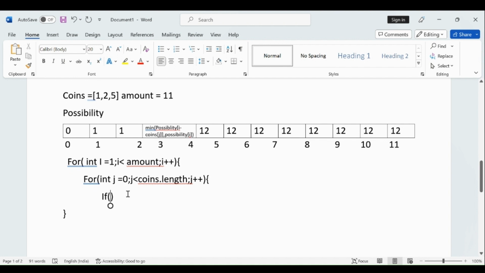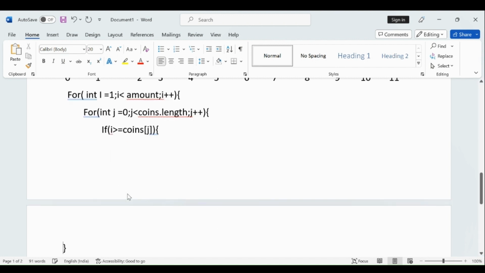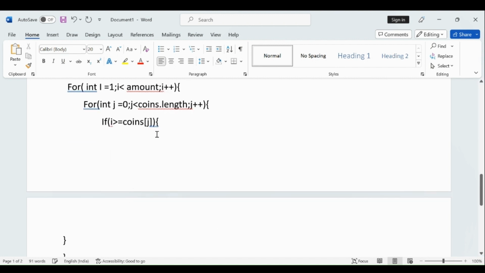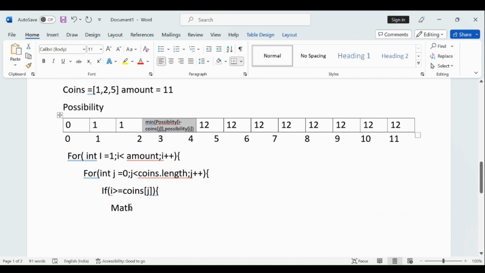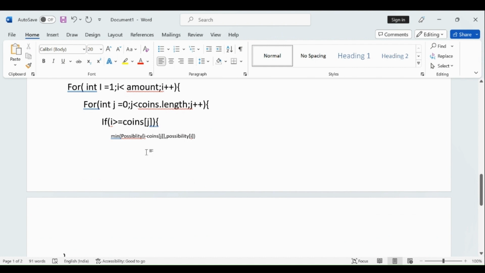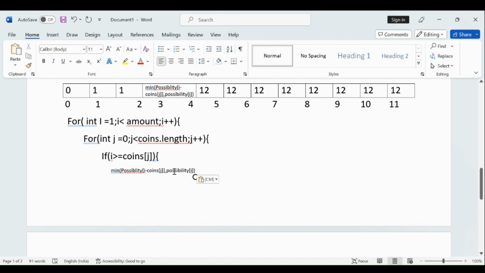So let's write our condition here: if i, the amount, is greater than or equal to coins[j], then only we will do something. In this case, copy this code here. I have written this: minimum of possibility[i - coins[j]] comma possibility[i].